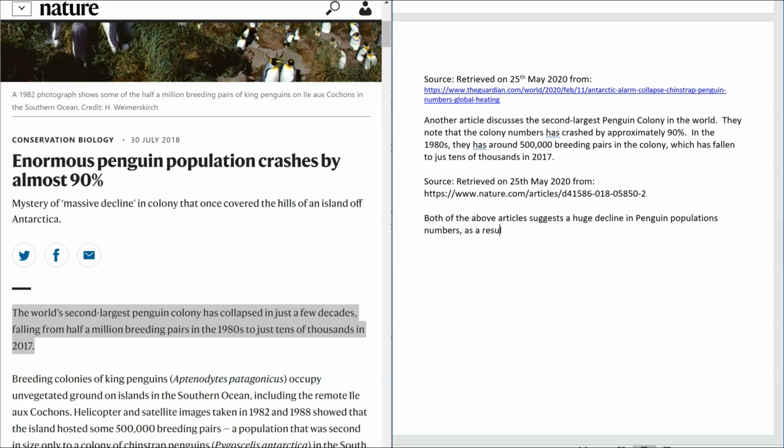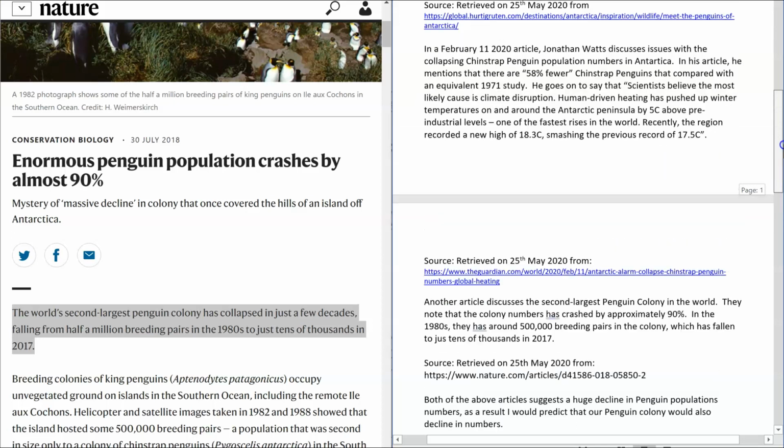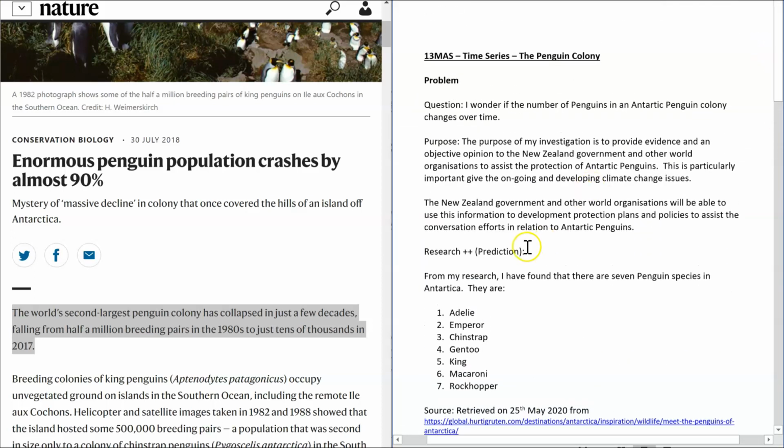As a result, I would predict that our penguin colony would also decline in numbers. Okay, so that there is my problem section. And I'll just clean up everything a little bit to make it look a bit nicer.